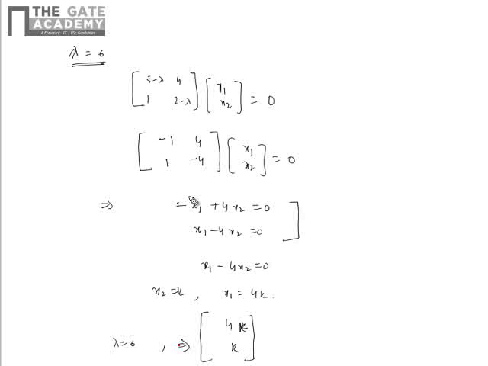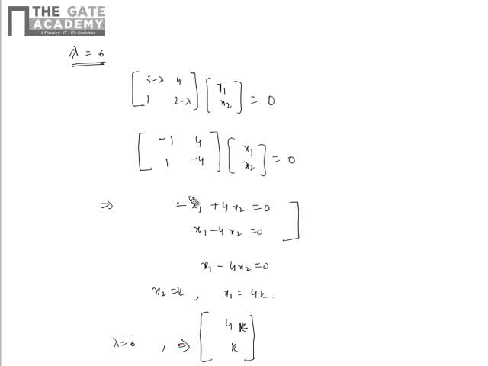So one point is clear, that for a given value of lambda you can have many different eigenvectors. But the reverse is not true. That is, for a given eigenvector there can be only one eigenvalue. You can't have multiple eigenvalues for a given eigenvector, because this form is fixed for a given eigenvalue.